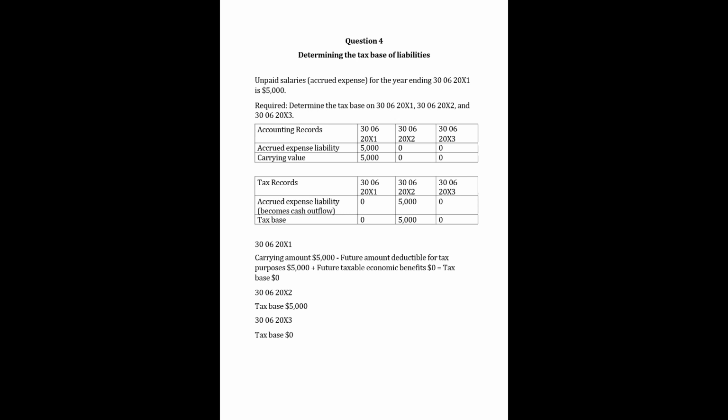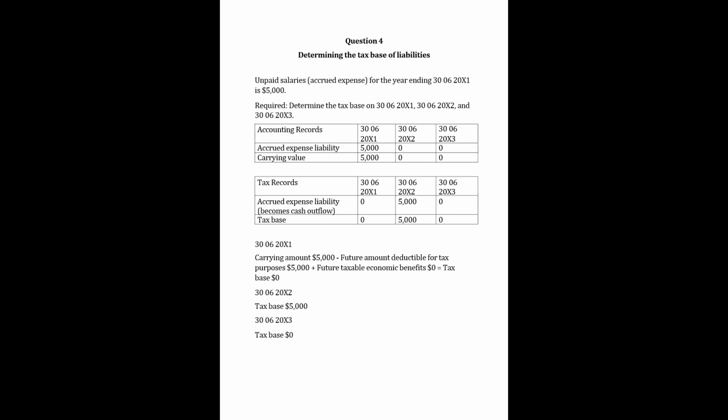If you look at the detailed equation, we can say that the carrying amount for 20x1 is 5,000. If we add the future taxable economic benefits in that year, it is 0. And we deduct the future amount deductible for tax purposes, and that is $5,000, so the tax base is 0.